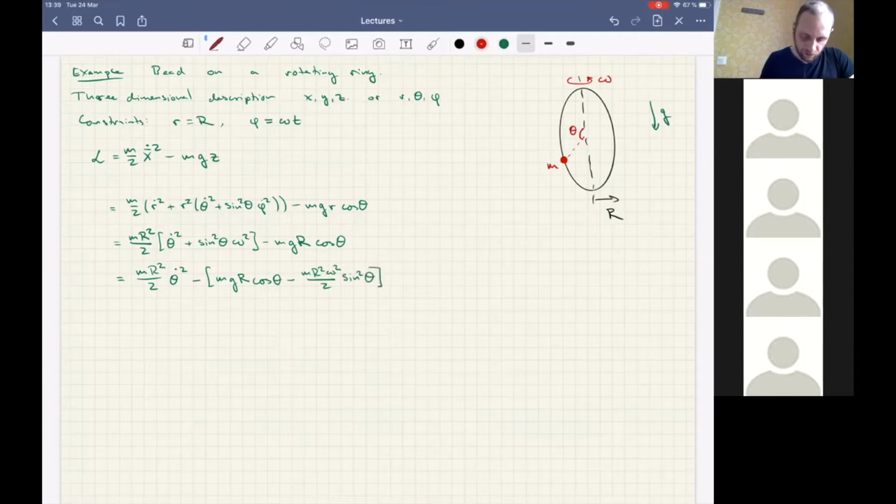So this is the kinetic term, or the effective kinetic term. And this part here is the effective potential.